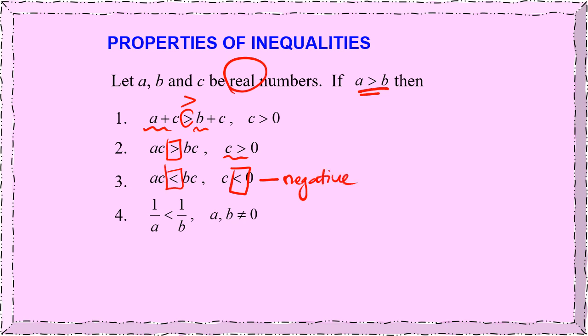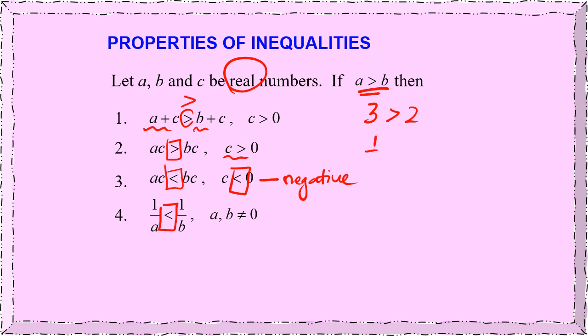And then the reciprocal of A and B. These properties you need to know because we will use them in many chapters. If A is more than B, then in reciprocal, 1 over A will be less than 1 over B. For example, 3 is bigger than 2, this is always true, right?